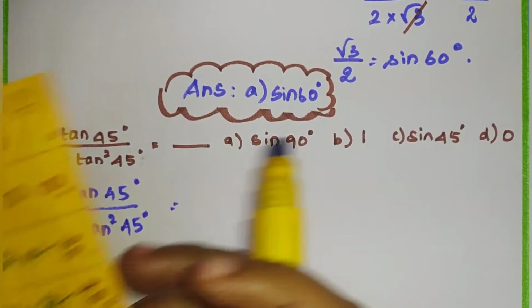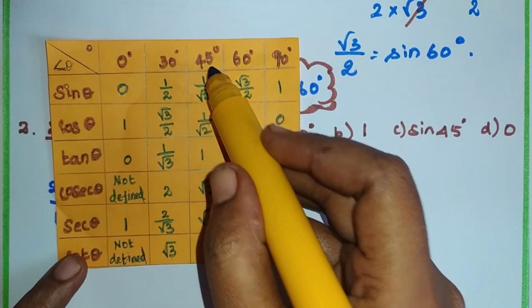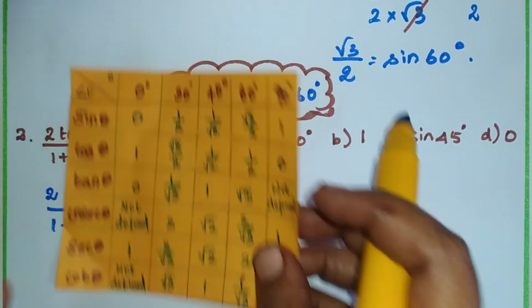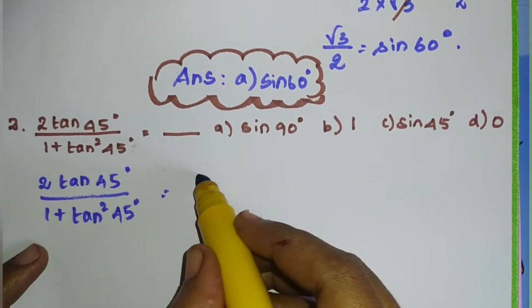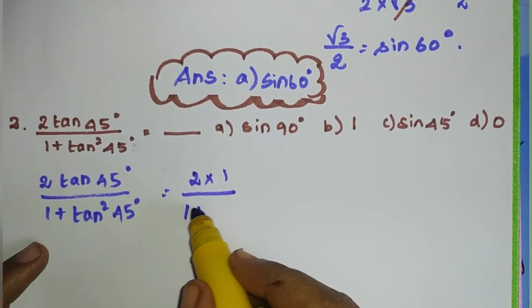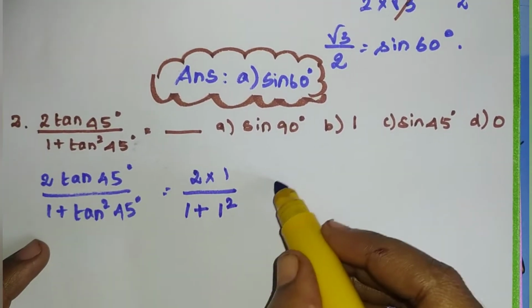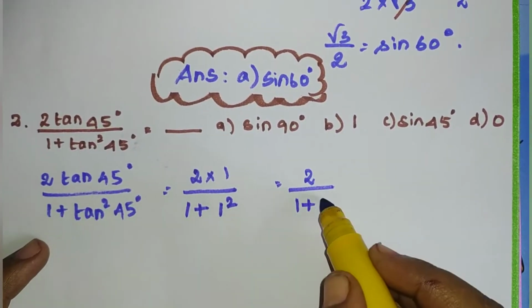What is tan 45 degree? Shall we see? Tan 45 degree is 1. We can substitute 1 instead of tan 45 degree. So 2 into 1 divided by 1 plus 1 square.